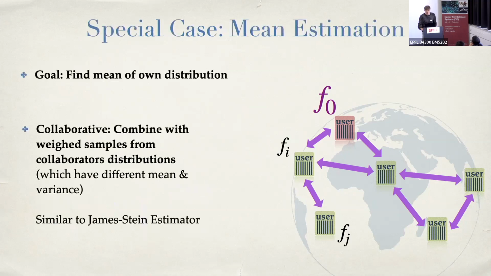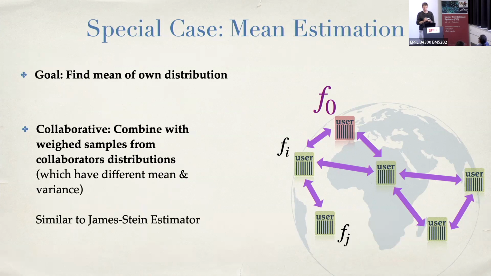This is also very related to mean estimation, which is a special case of that. If you just ask, I have a small data set, I want to see my mean. Other people have, well, they can get samples from another distribution, just their distribution.